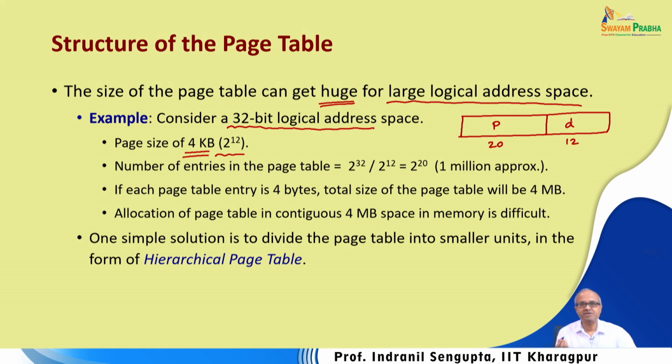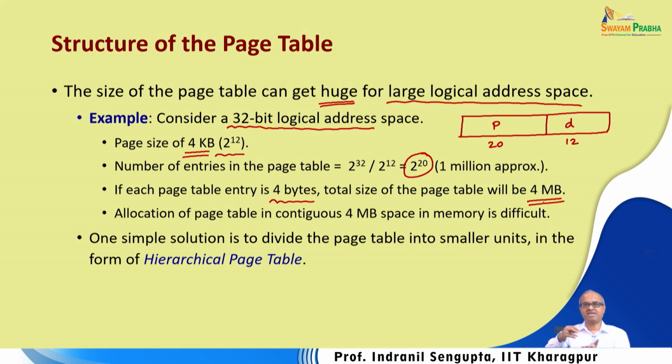Now, 20 bits for the page number means there will be 2 to the power 20 possible pages. So, if you store the whole page table, there will be 1,000,000 entries, and assuming every page table entry requires 4 bytes, your page table size will be 4 megabytes.